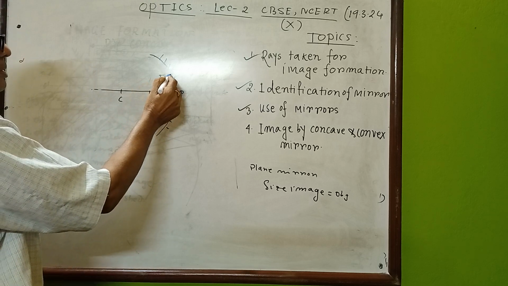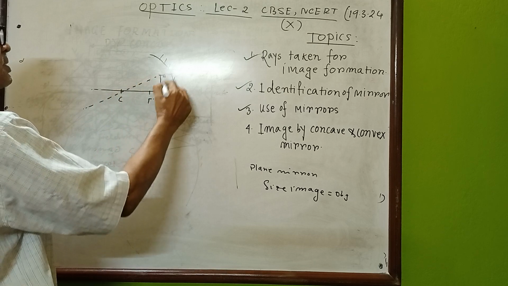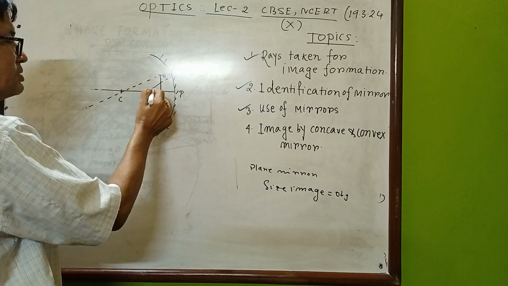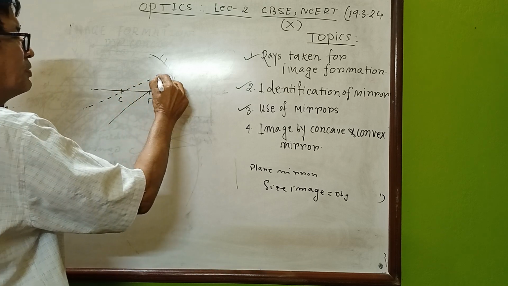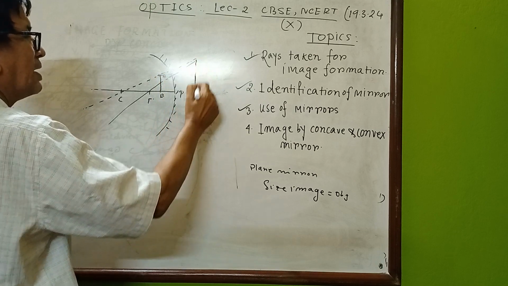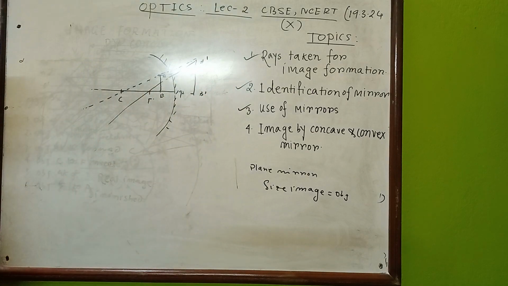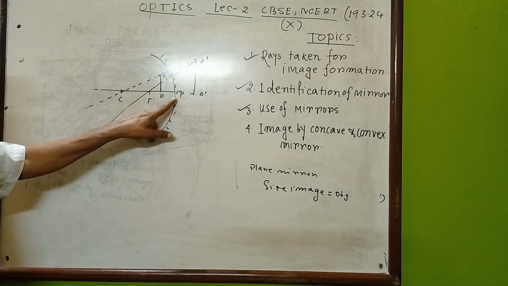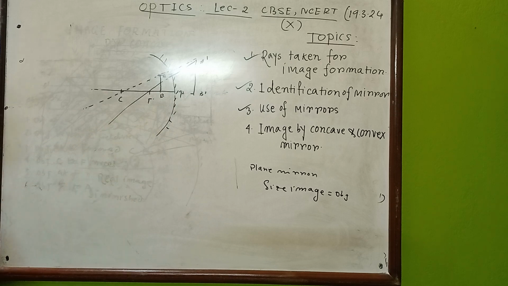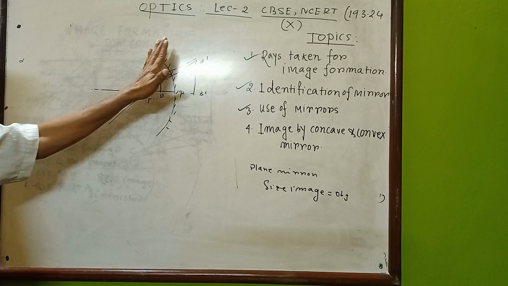then another is through the center of curvature, and the parallel ray passes through the focus. If you take them in reverse order, you are getting the image. So it is clear from the picture that if the object is placed in between pole and focus, you are getting an erect, virtual image.